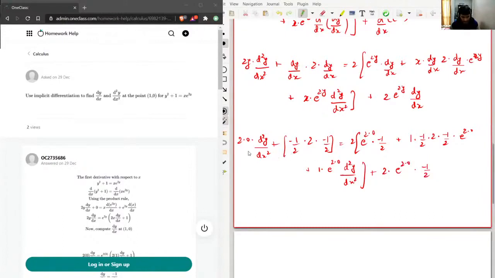Now, this term will be gone because this is 0, and 2 can get cancelled, this will be 1, and this 2 can get cancelled, this minus minus will become plus, this minus and minus will become plus, and this will go to 1, and this will also go to 1, this 2 and 2 get cancelled.